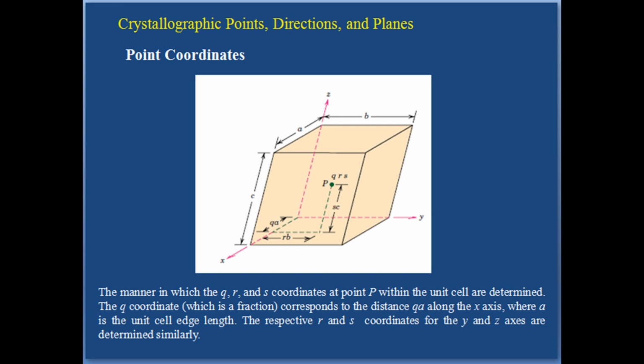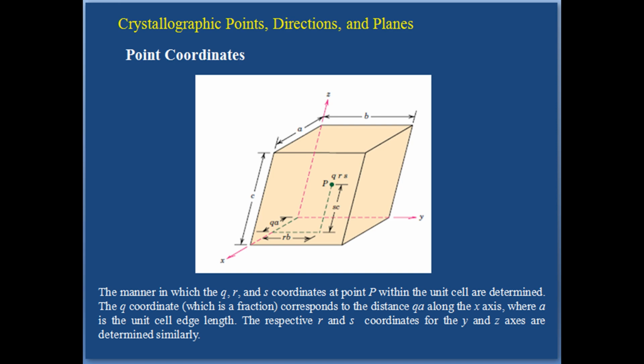The position of any point located within a unit cell may be specified in terms of its coordinates as fractional multiples of the unit cell edge length. That is, we are going to represent it in terms of a, b and c. To illustrate this concept, consider the unit cell and the point P situated therein as shown in the figure.